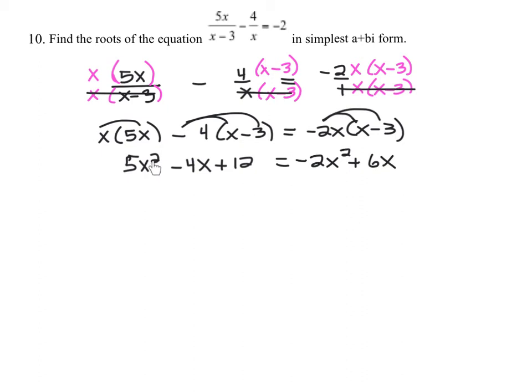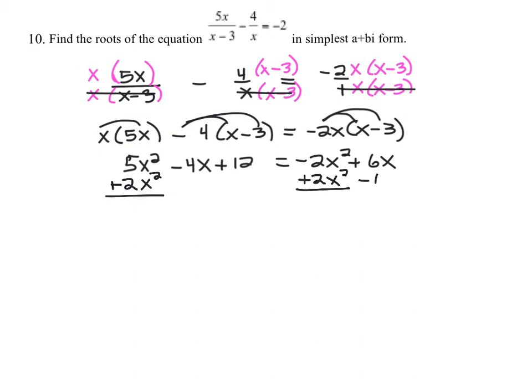All right, now, because we have x squareds in our equation, we want to get one side of the equation set equal to 0. And I'm going to move these two terms over to the left because I want to have a positive number in front of my x squared term. So in order to do that, I'm going to add 2x squared to both sides of the equation, and you can line that up under the other x squared term.